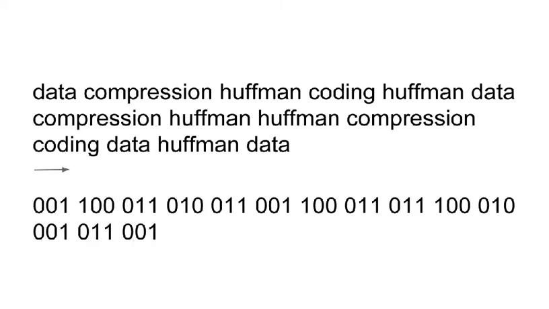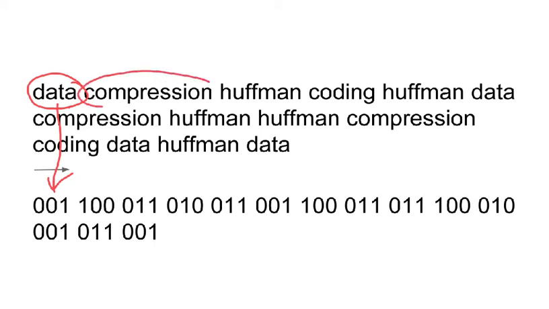The basic strategy in data compression is to replace the string with a particular code. For example, look at this string data: what we are doing here is replacing it with 001. Can you see that?